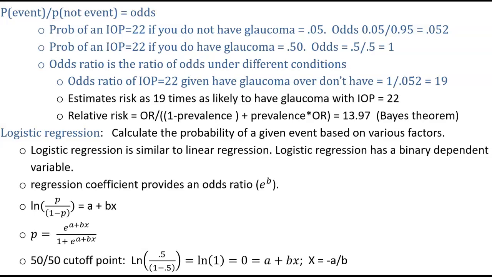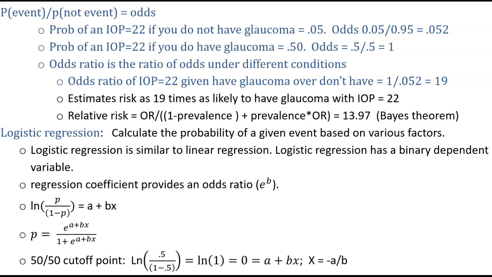So let's briefly remind ourselves what odds are. Odds are the probability of an event divided by the probability of that event not occurring under a certain condition. Let's say you do not have glaucoma and you get an IOP, intraocular pressure, greater than or equal to 22.